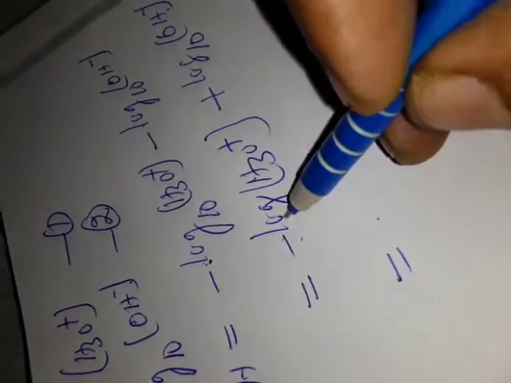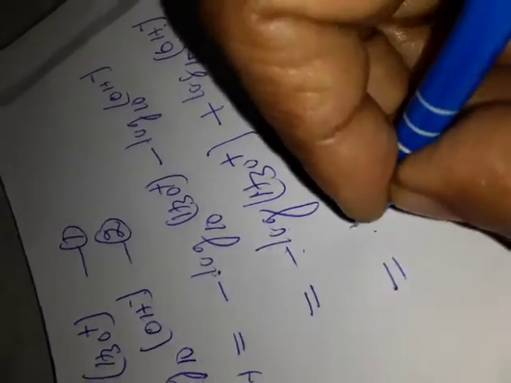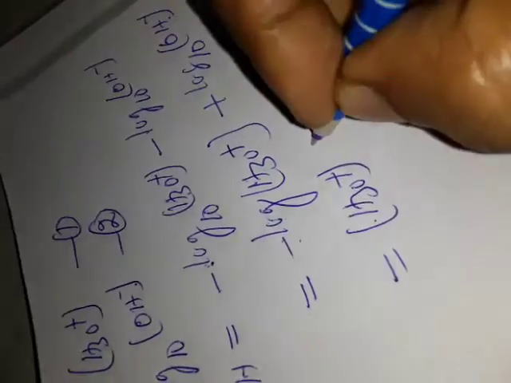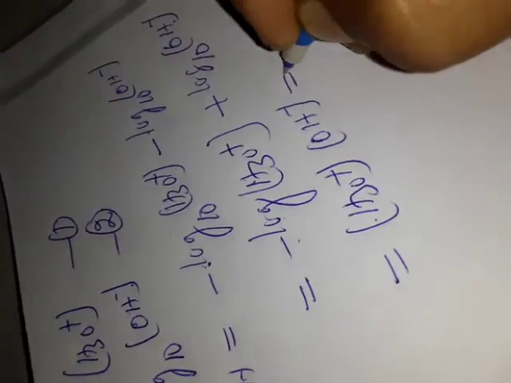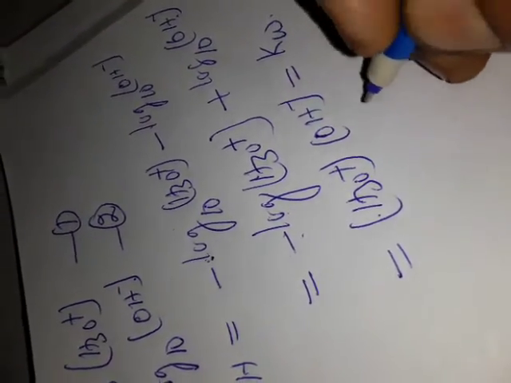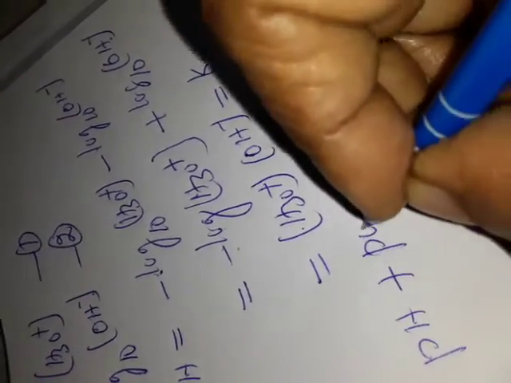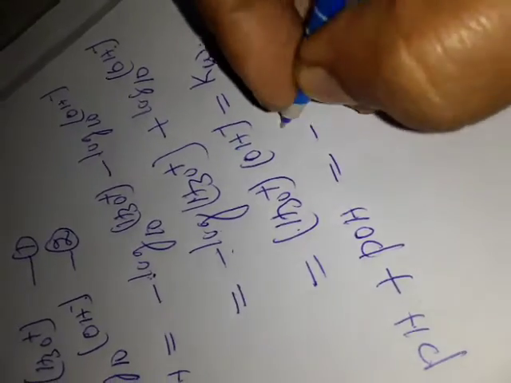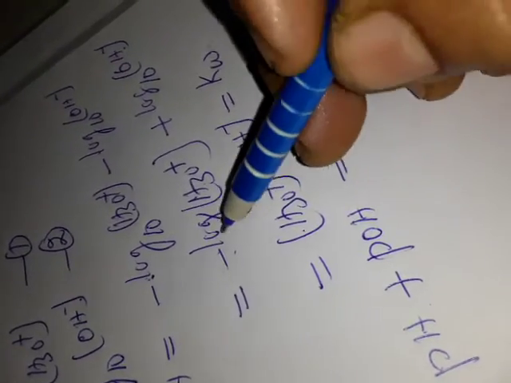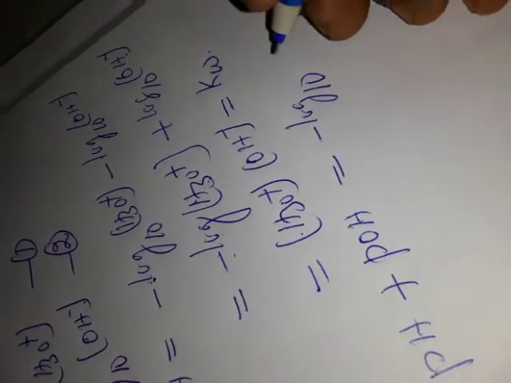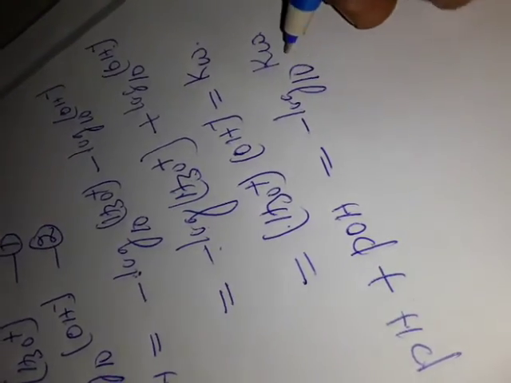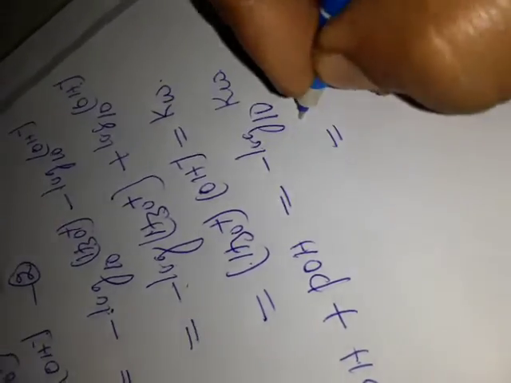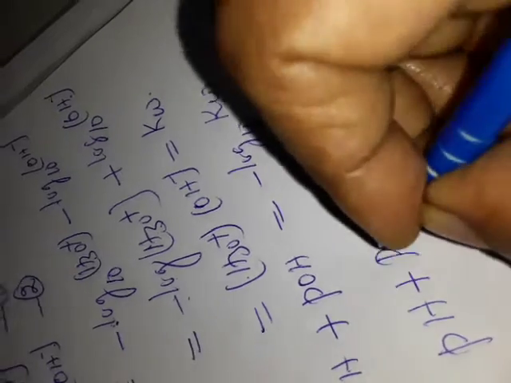Already you know, H3O plus concentration into OH minus concentration is equal to Kw, the ionic product of water. So we can write pH plus pOH is equal to minus log to the base 10 of Kw, and minus log to the base 10 of Kw can be written as pKw. So pH plus pOH is equal to pKw.